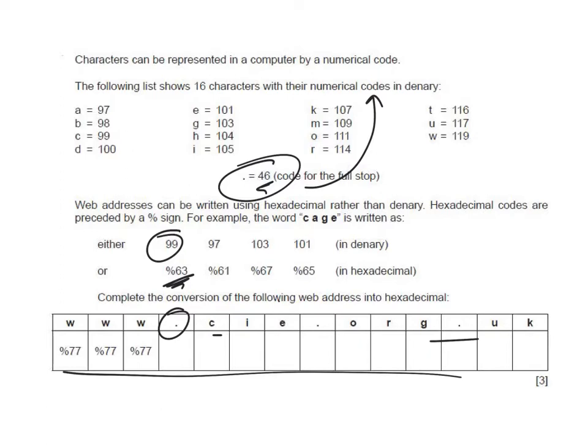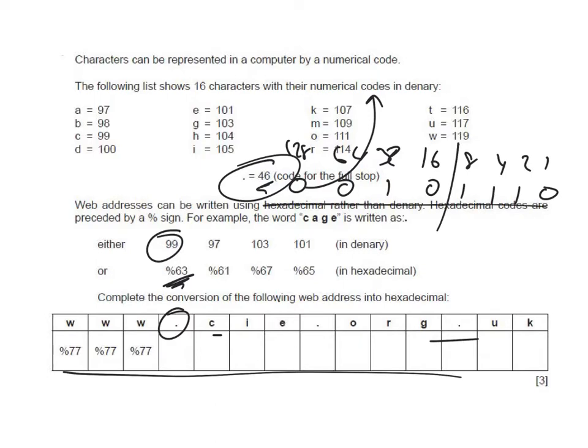So if we go 1, 2, 4, 8, 16, 32, 64, 128, and do 46, so we get 0, 0, 1, 32, 14, we would have this value.